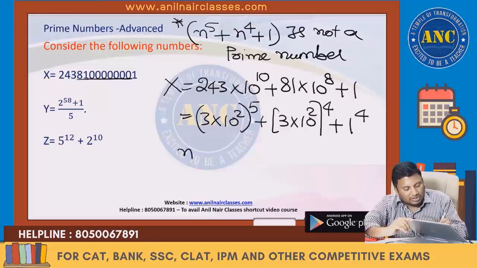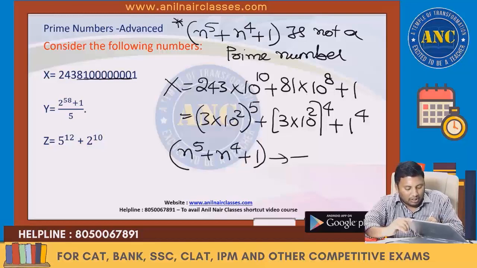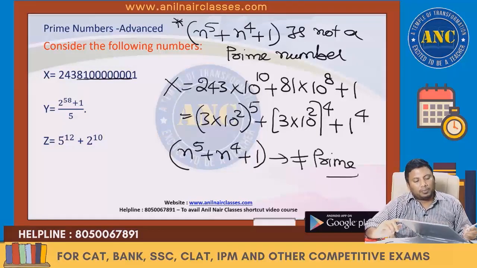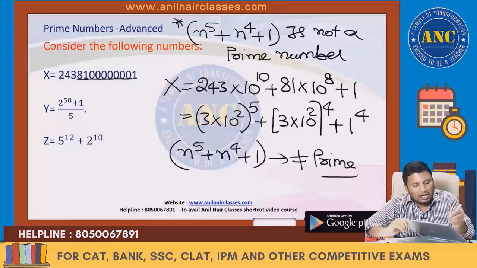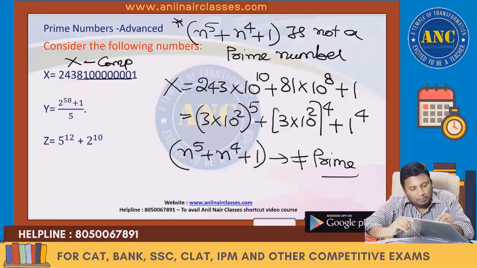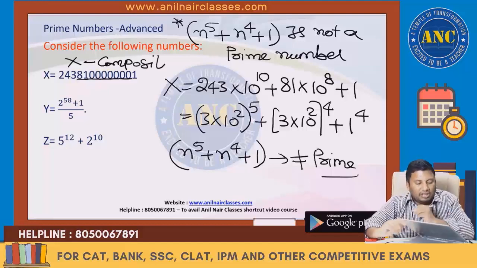Just now we discussed n power 5 plus n power 4 plus 1 is not a prime number. I hope it is clear, right? So x is composite. The previous question can be used in this question.